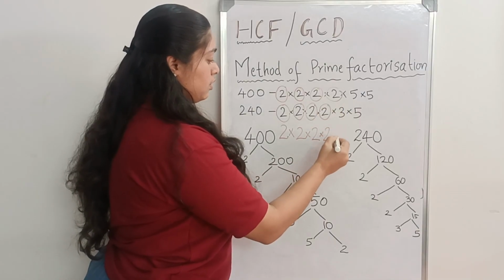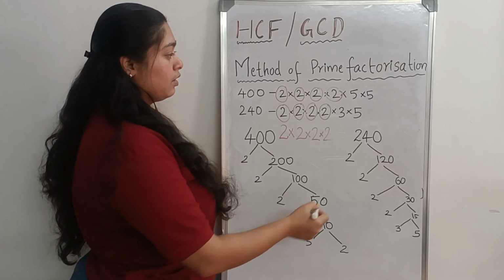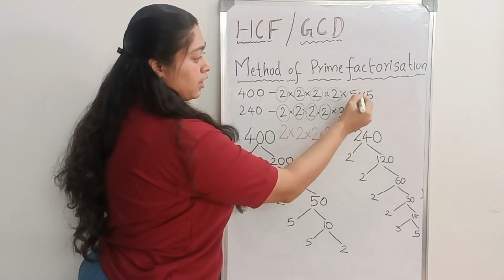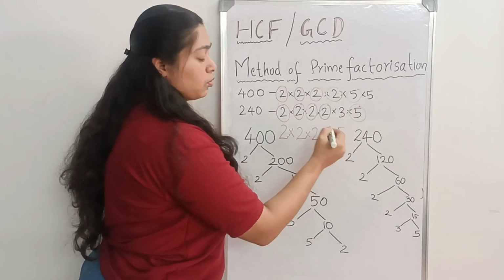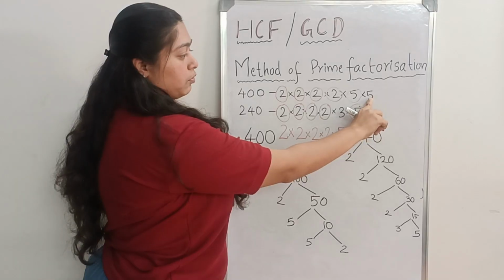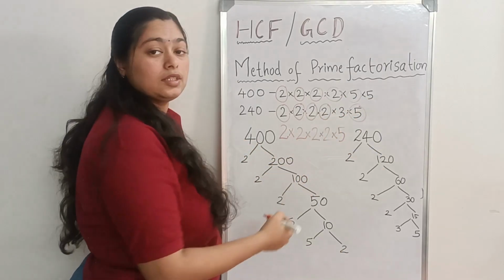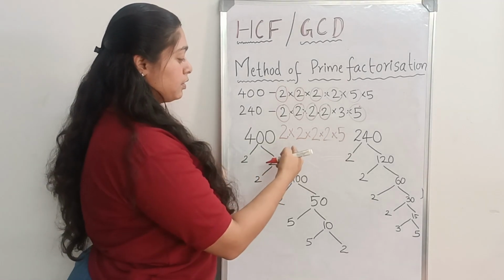So let's take this one also. And now you can see 5 has a pair. So this 5 and this 5 are common. So let's multiply that 5 also. Forget about the remaining numbers. Forget about this 5 which is single over there, and forget about this 3 which is single over here. We just need to multiply these numbers.